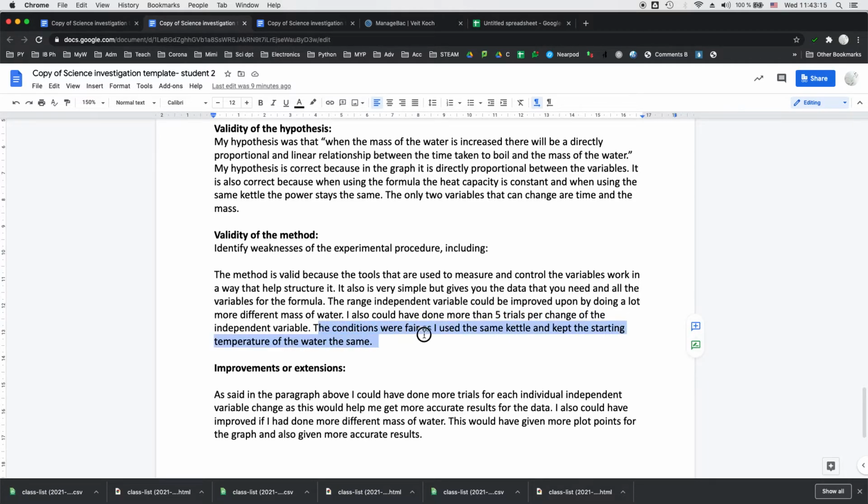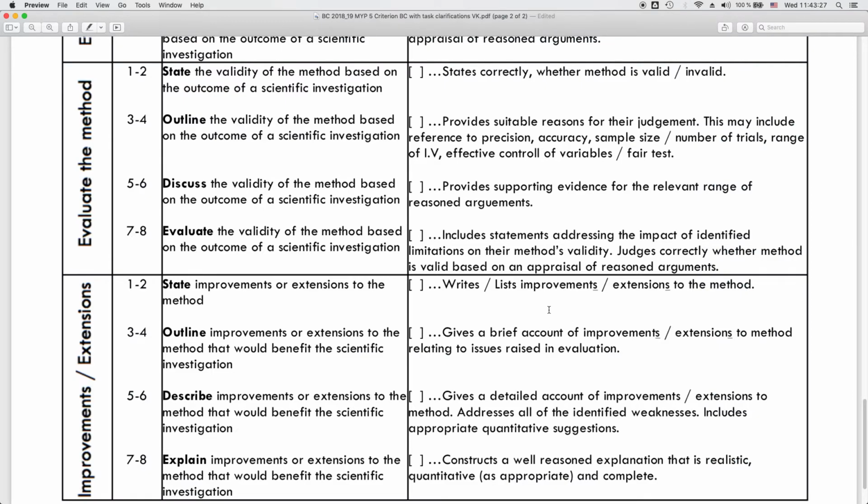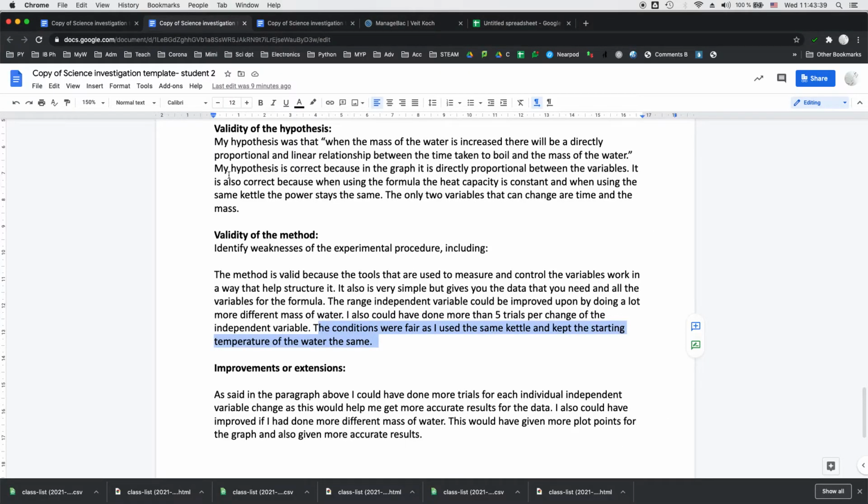The conditions were fair as I used the same kettle and kept the starting temperature of the water the same. That's also good. So there are some things that have been mentioned here. I would say evaluating the method probably comes in here under 3 to 4 for the second student.